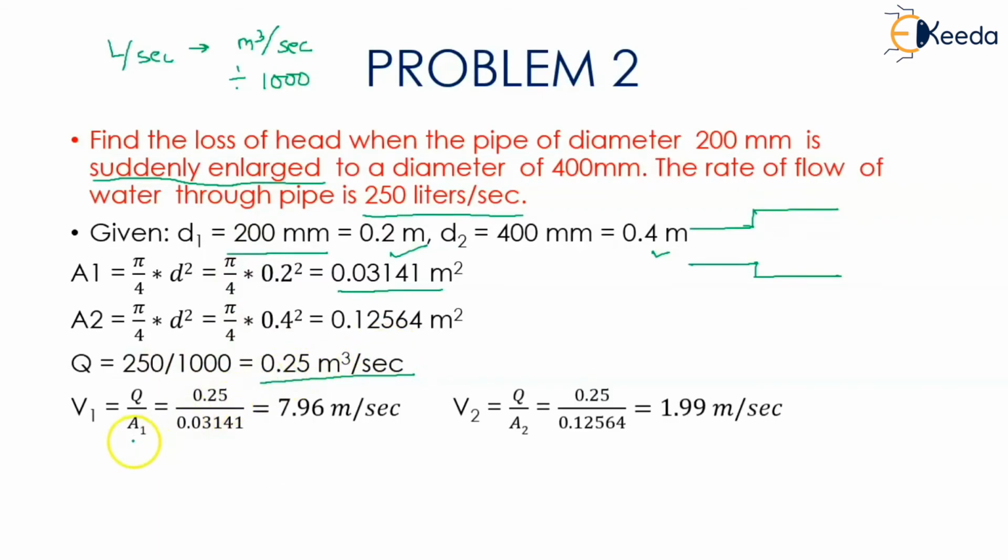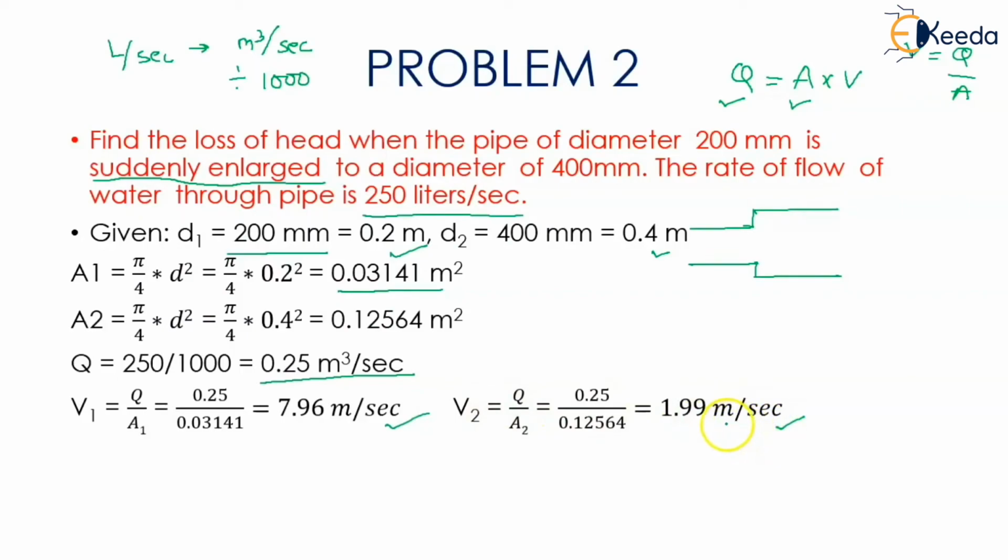Now to calculate velocity, we know the formula for discharge is Q is equal to A multiplied by V. We have area and we have discharge, so to calculate velocity, the formula is Q divided by A. V1 is Q divided by A1, and V2 is Q divided by A2. Just by substituting the values, we get V1 is 7.96 meter per second, V2 is 1.99 meter per second.